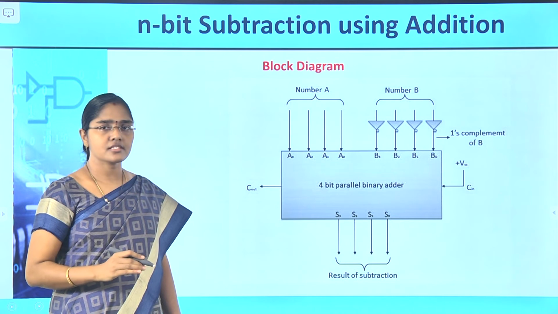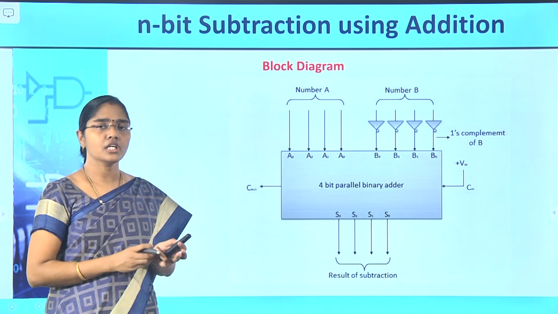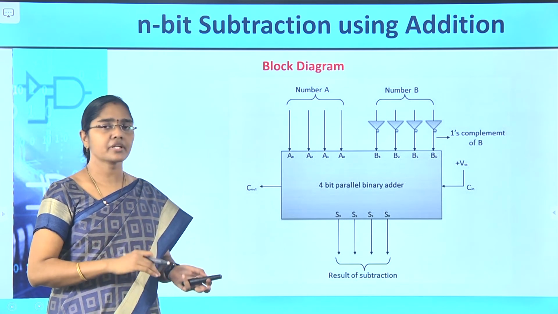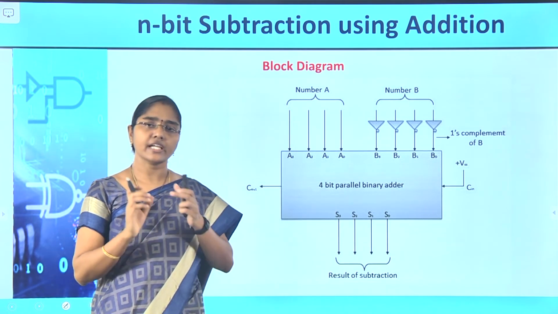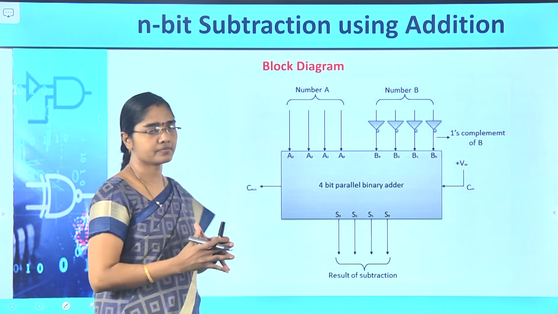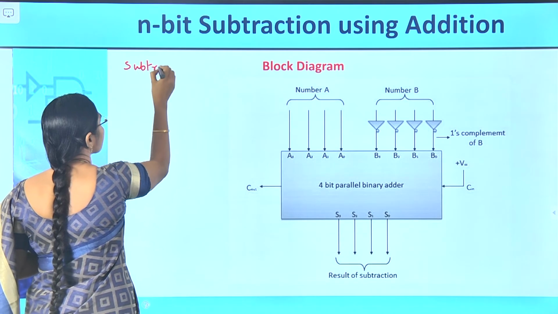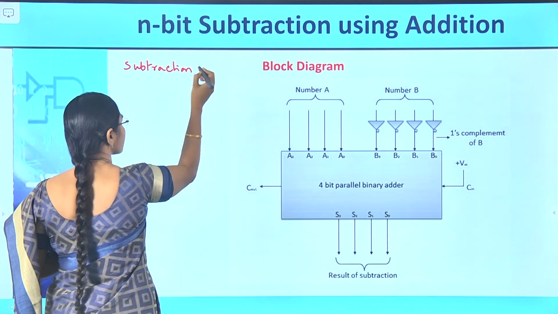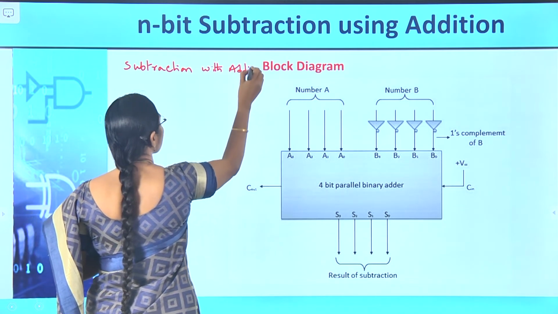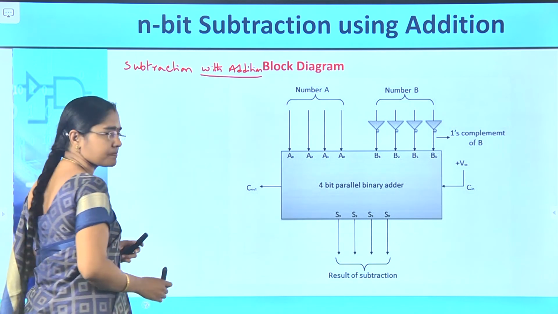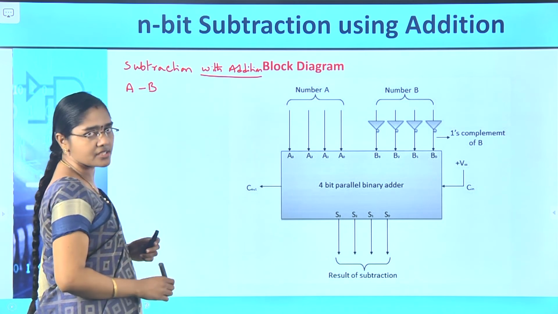In our processors, instead of using direct subtractors as separate hardware, subtraction can also be performed using adders, that means addition and subtraction using common hardware. So we know subtraction can be performed using the addition operation. What we are doing is two numbers a minus b, or x minus y.